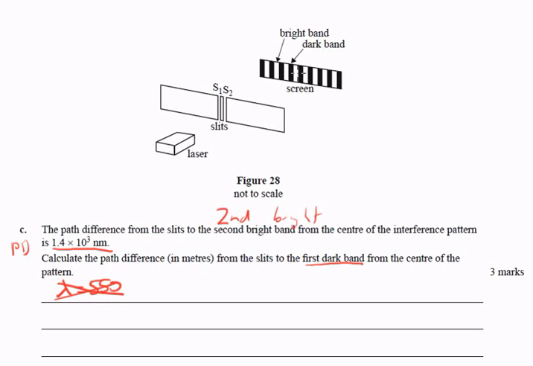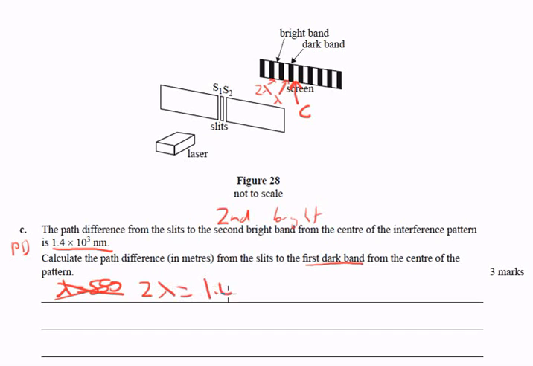So if this is the centre, we've got our first dark band, that's what we're going to end up finding. We've got our first bright, second bright band. And that has a path difference that we've got there. So the first bright band out has a path difference of 1 wavelength. The second bright band out has a path difference of 2 wavelengths.